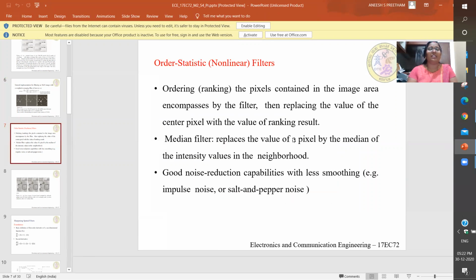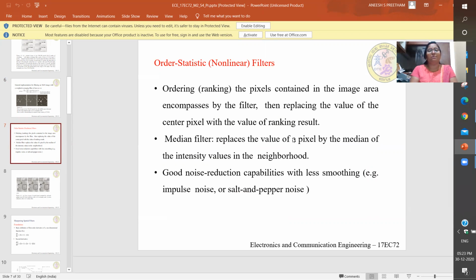Let us see the next topic of our discussion: order statistic filters, which can also be called nonlinear filters. They work by ordering or ranking the pixels contained in the image area encompassed by the filter, then replacing the value of the center pixel with the ranking result.